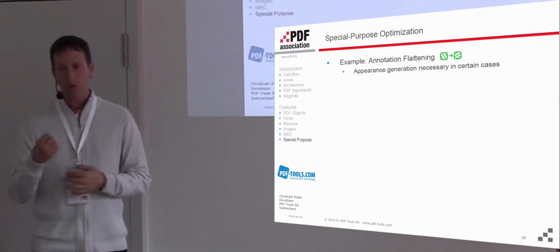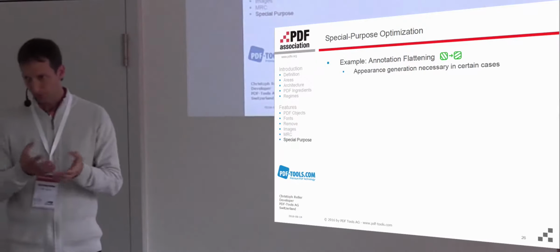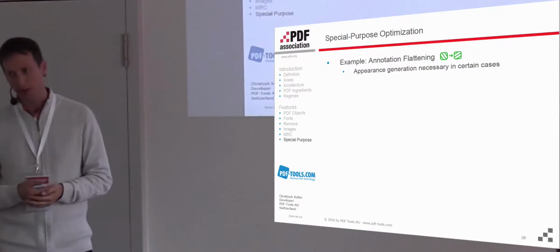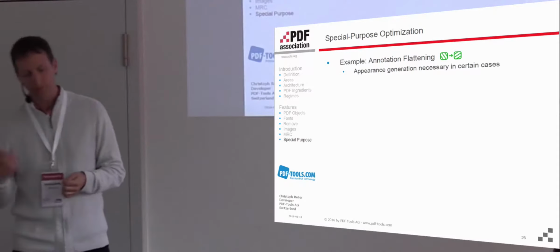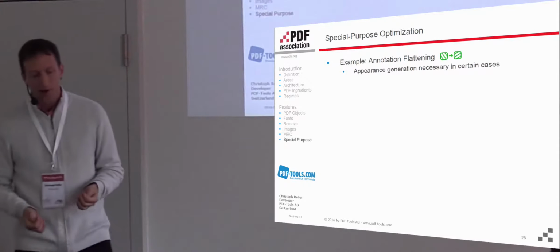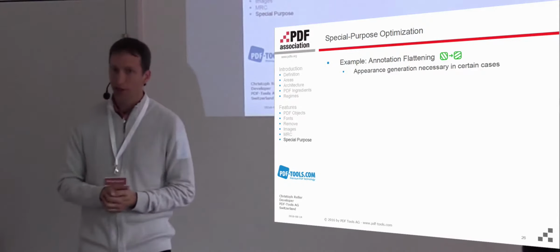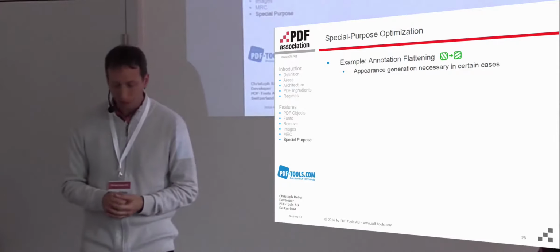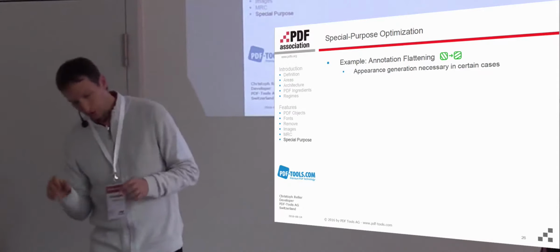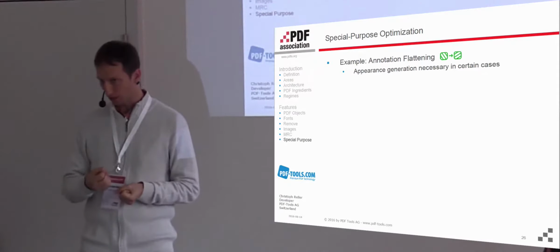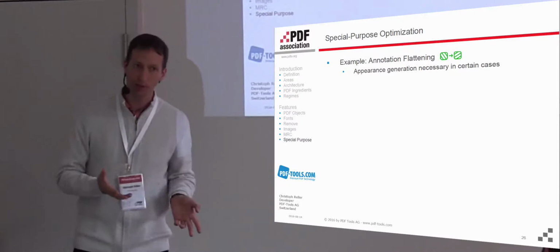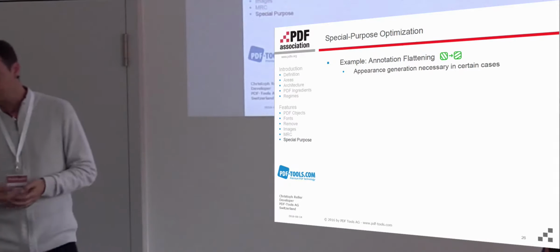There are scenarios in which you want these form fields to become uneditable, non-interactive, and annotations should be just flattened onto the page. Now the problem there is that for many documents, a thing called appearance must be generated for an annotation because it lacks this appearance or because of other reasons.